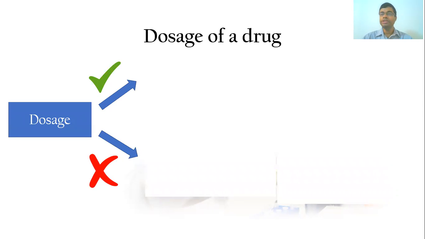So let's look at what is this drug. As I briefly explained at the very beginning, dosage of a drug is a very important thing. The dosage can be correct or wrong. If it is correct, then no problem at all. But if it is wrong, then the consequences are not that good.